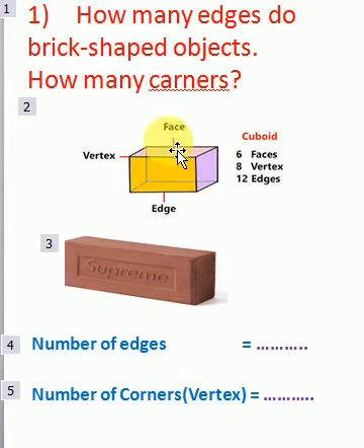Total 12 edges are given. Number of corners or vertices means number of corners: 1 2 3 4 5 6 7 8. 8 corners. You write down this one in your notebook.